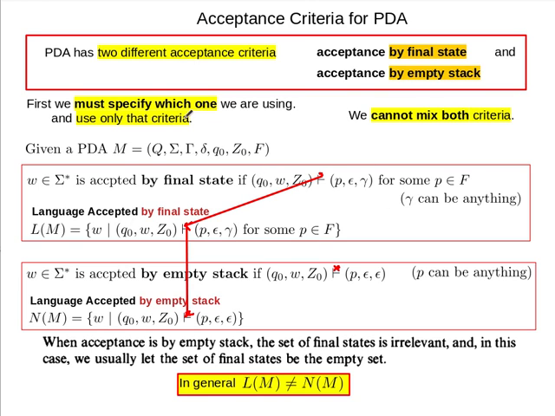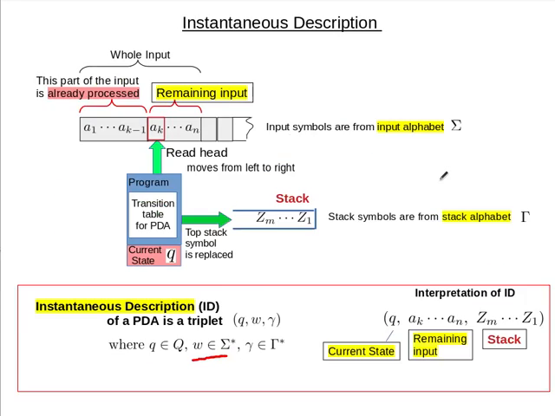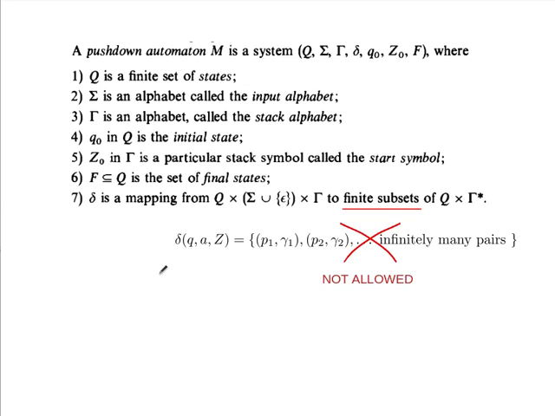So this is the initial ID, and this is an ID where you have exhausted all the input symbols, because now this has become empty. Now acceptance by final state means this state should be one of the final states. You remember in the definition of PDA, we also had this F, the subset of Q, the set of final states.